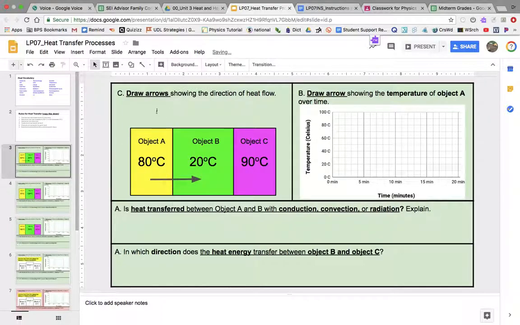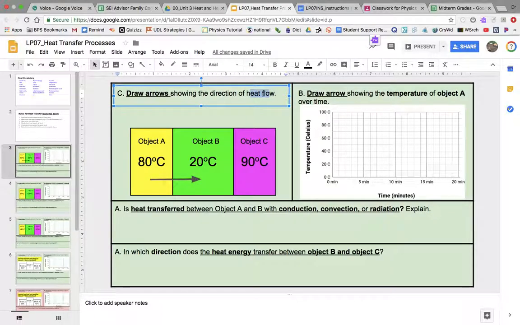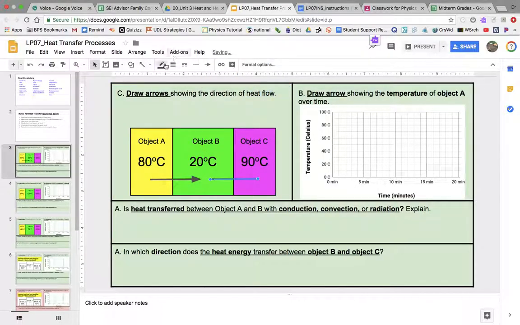So the arrow, the heat, goes from high to low. So this is showing heat flow. Heat also on this side goes from high to low. So I can draw that arrow going left, make it larger. So that is showing heat going from C to B, high to low.